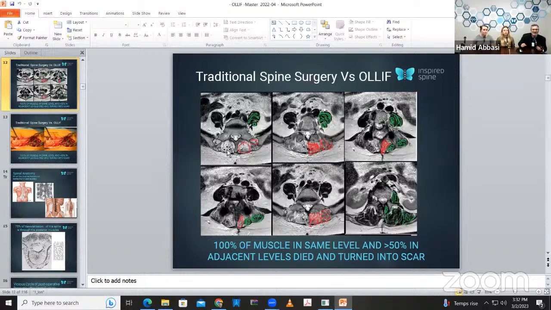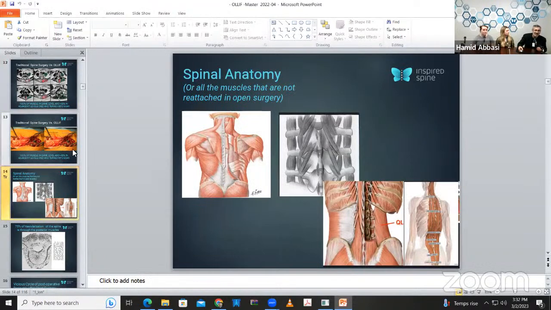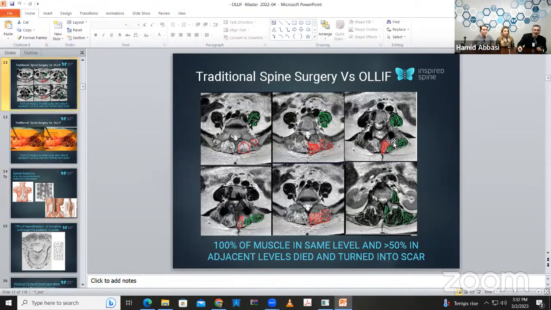Those muscles, once we strip them off, they die. Not only they die where we do the surgery, because the muscles are multisegmental, even 2 levels above, the multifidus muscles, which goes 1 and 2 levels across the segments, turn into scar.